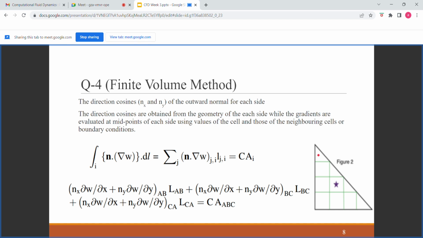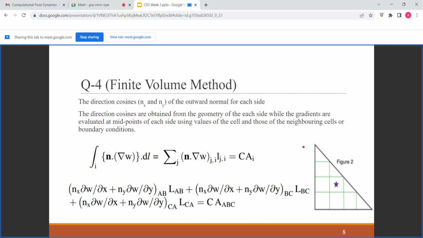Whereas if we are considering this cell in this direction, it would be the midpoint of this cell versus the boundary point. That is what is given in this line: the direction cosines are obtained from the geometry of each side, while the gradients are evaluated at midpoints of each side using values of the cell and those of the neighboring cells, or else the boundary conditions.